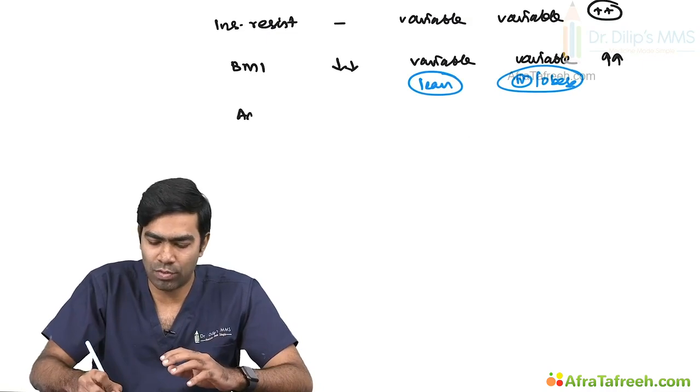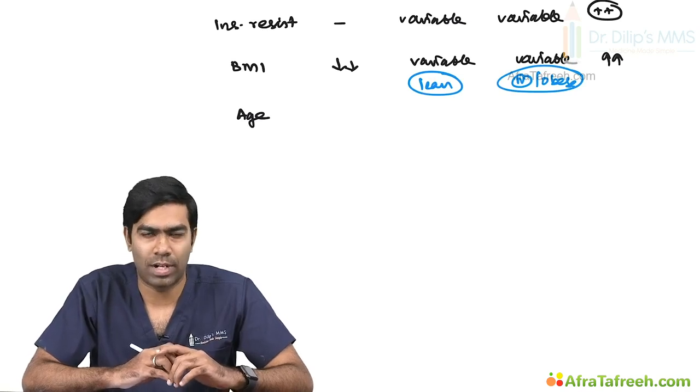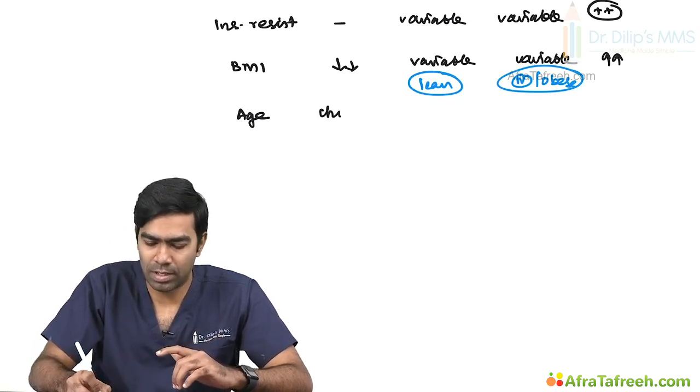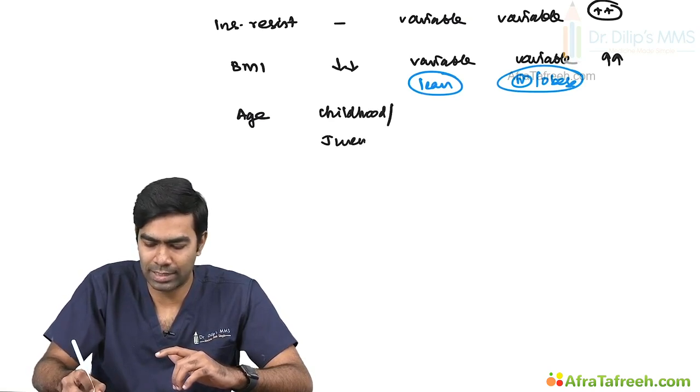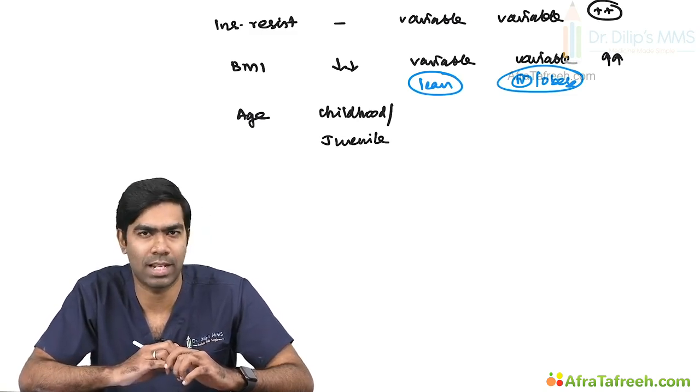And what about the age of onset? Typically type 1A, that autoimmune type 1 diabetes mellitus, tends to happen in the children or juvenile age group, classically in the 10 to 25 year age group. That's where you get the type 1 diabetes mellitus, classic autoimmune type.